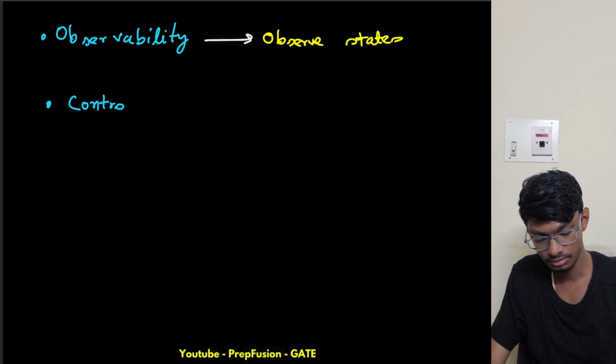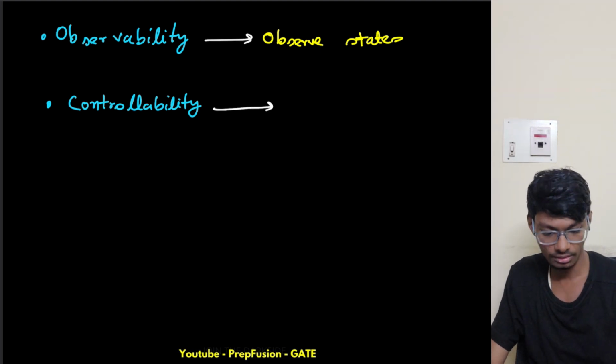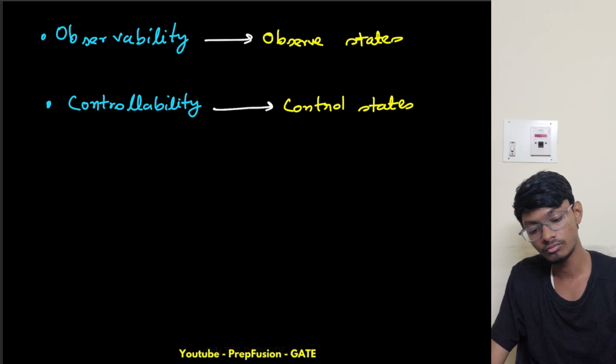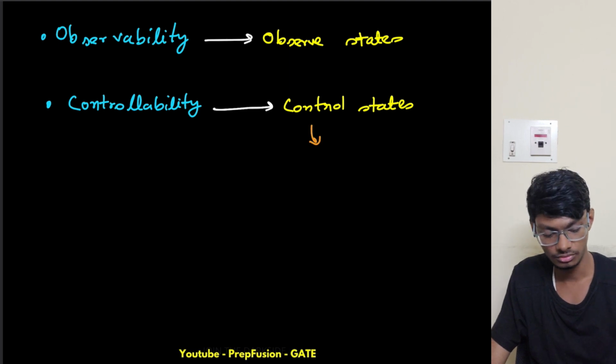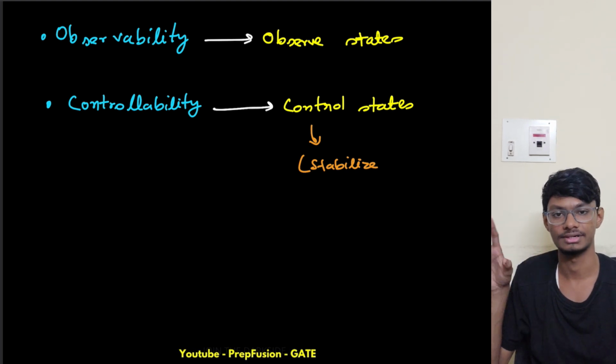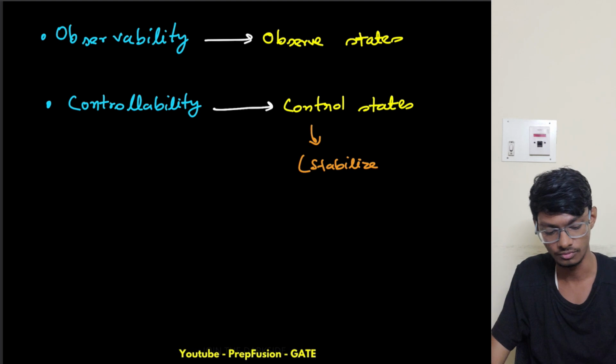And what does controllability mean? Controllability means to control the states. Now why do we want to control the states? To stabilize the system, or to get our desired state.